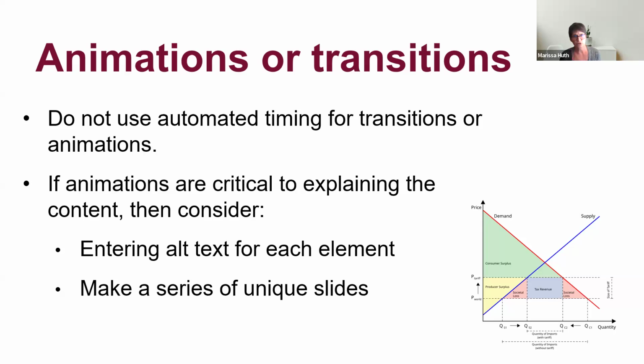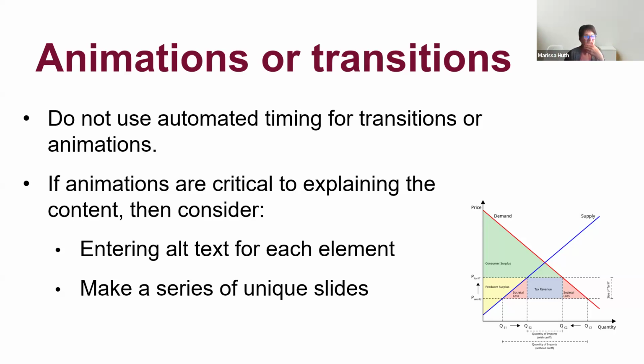But if animations are critical to explaining the content, for example, if something needs to go in a very specific order and the faculty wants it explained, first they see this, then they see that, then they see this.